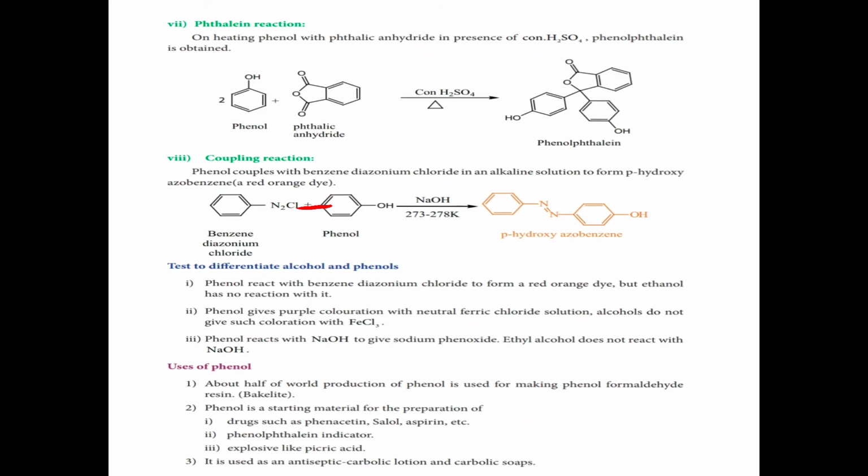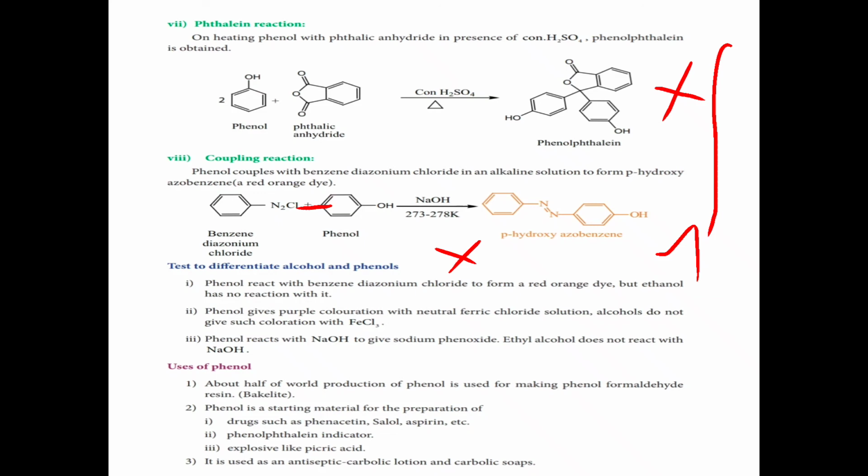Okay, these are the Reimer-Tiemann, Kolbe-Schmitt, phthalein fusion and coupling reactions. These naming reactions are very, very important. And coming to how to differentiate alcohol and phenol: phenol reacts with benzene diazonium chloride to form an orange dye. But aliphatic alcohol reacting with benzene diazonium chloride does not form a dye.